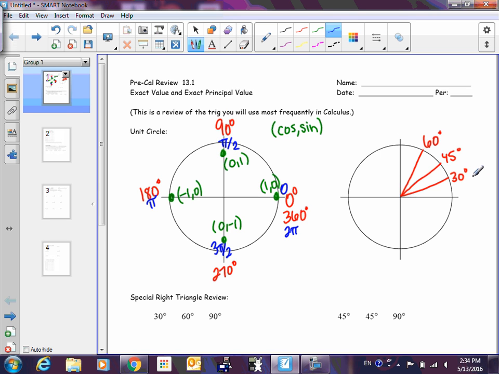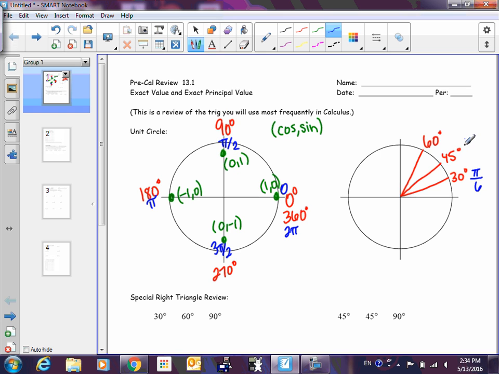Does anybody remember what 30 degrees was in radians, though? Pi over 6. And so 30 degrees in any other quadrant works just like 30 degrees in the first quadrant, and you would know it's a 30-degree reference angle because it's something over 6. Although in some other quadrants we had negatives. We'll get to that in a minute.